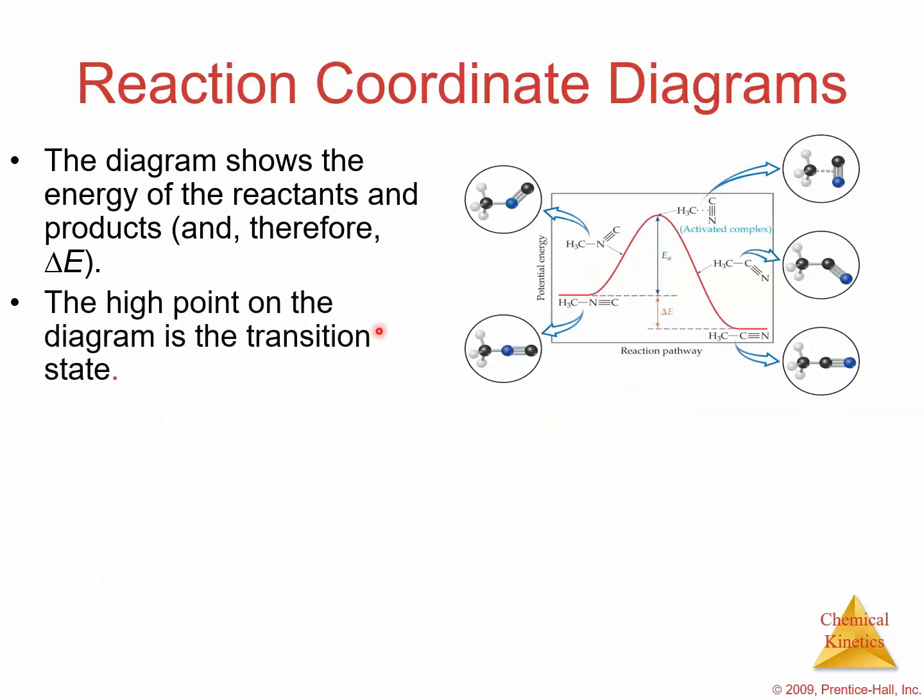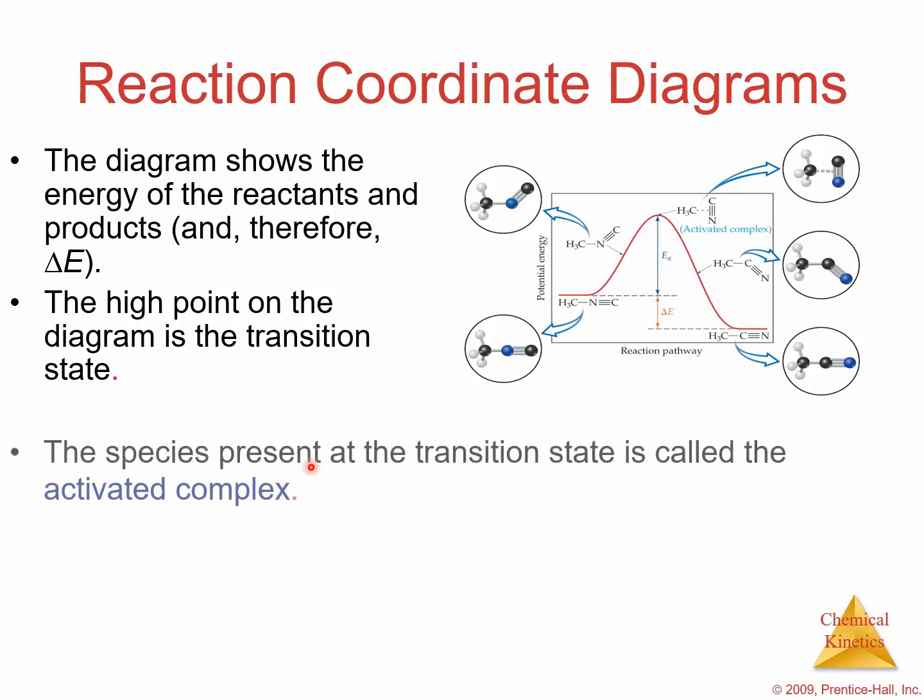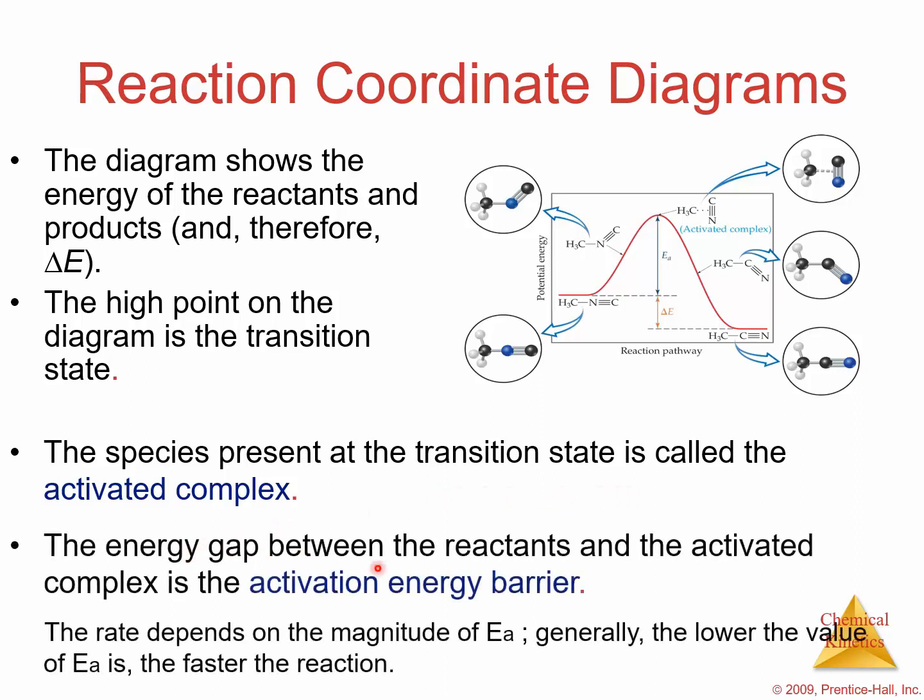So, as we said, the high point on the diagram is the transition state or activated complex. The species present at the transition state is called the activated complex. Now, the energy gap between the reactants and the activated complex is the activation energy barrier. Again, the rate depends on the magnitude of E of A. Generally, the lower the value of EA, the faster is the reaction.